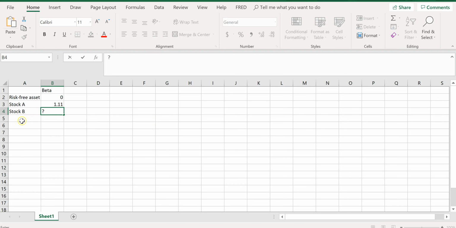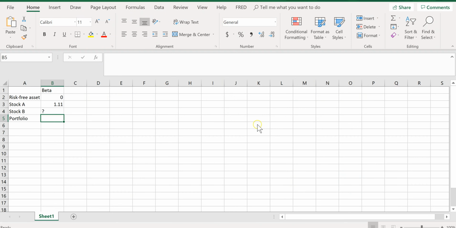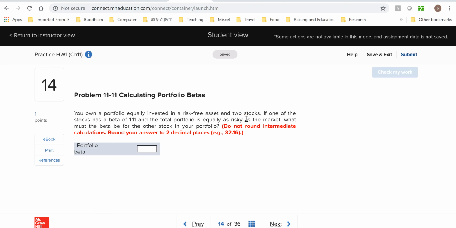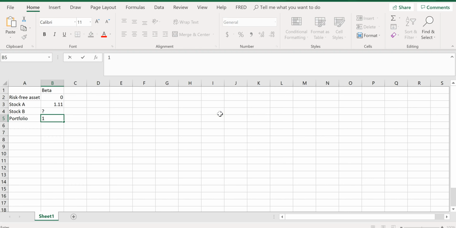So we need to solve for that. And portfolio beta: the total portfolio is equally as risky as the market. And we should know that the beta for the market is 1, right? So that's the beta.